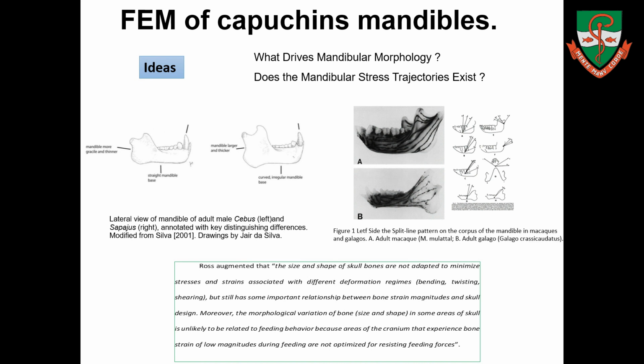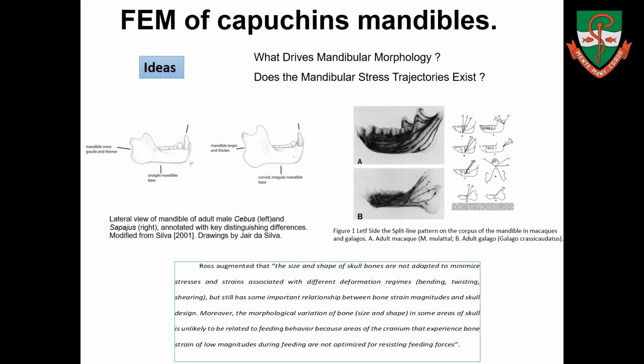I'm not sure if I know something now, but I didn't know about strain regimes, and now I'm trying to understand what this is. But there is still some important relationship between bone strain magnitudes and design, and maybe this happens in the mandible too, but we still don't know. But this is good information here.